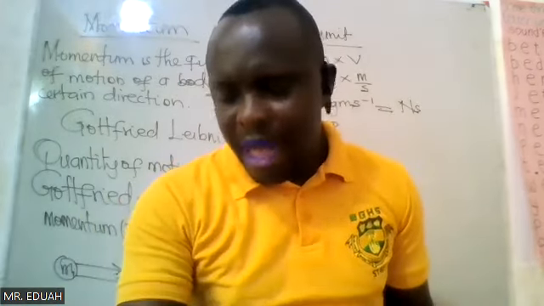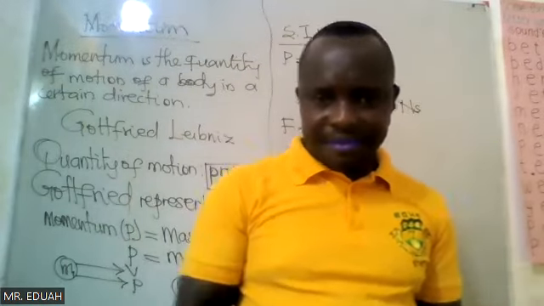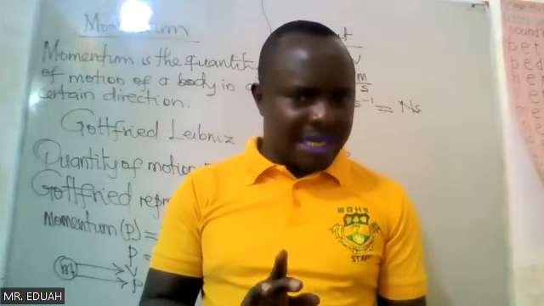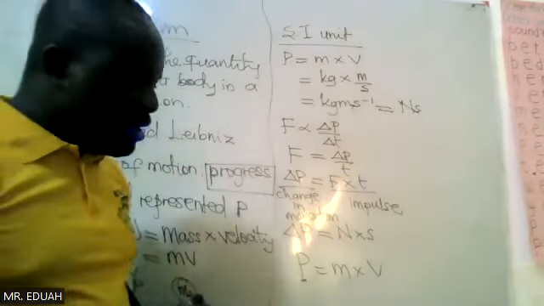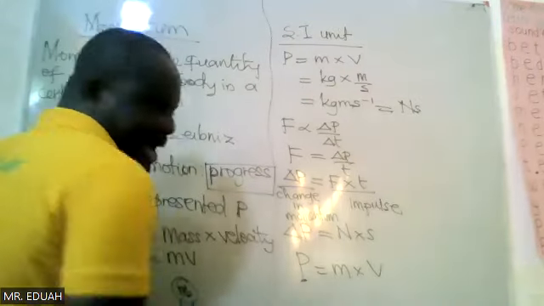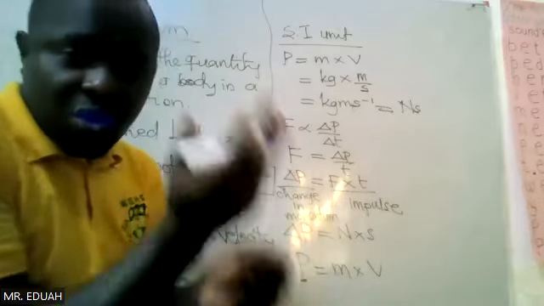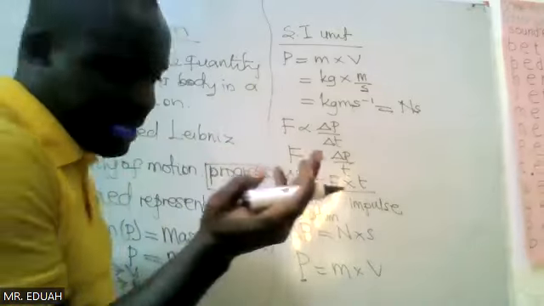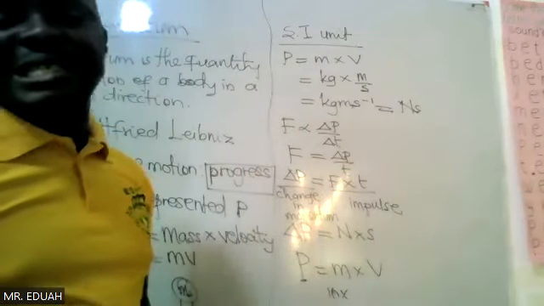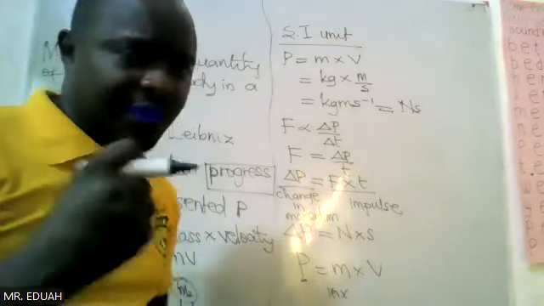Another example, a bullet being fired. Nobody will stand in the path of a fired bullet. The reason is that the mass of the bullet is very, very small, sometimes 10 grams. A bullet has a small mass, but it is designed in such a way that it moves with a tremendous velocity.